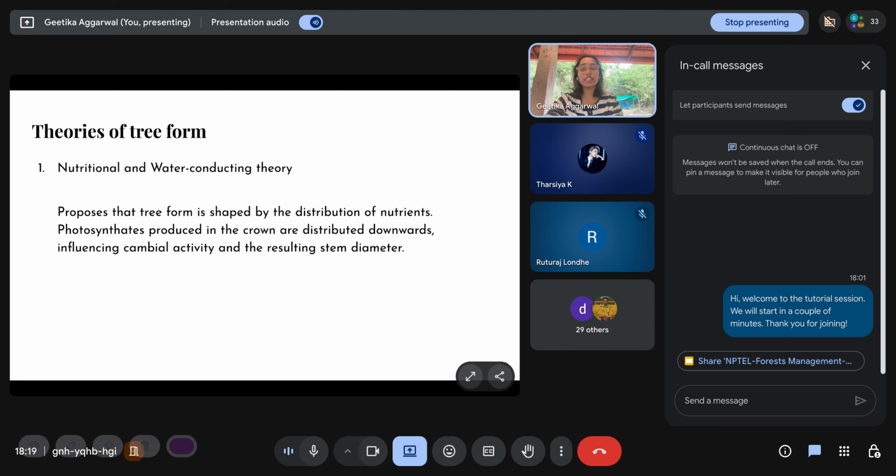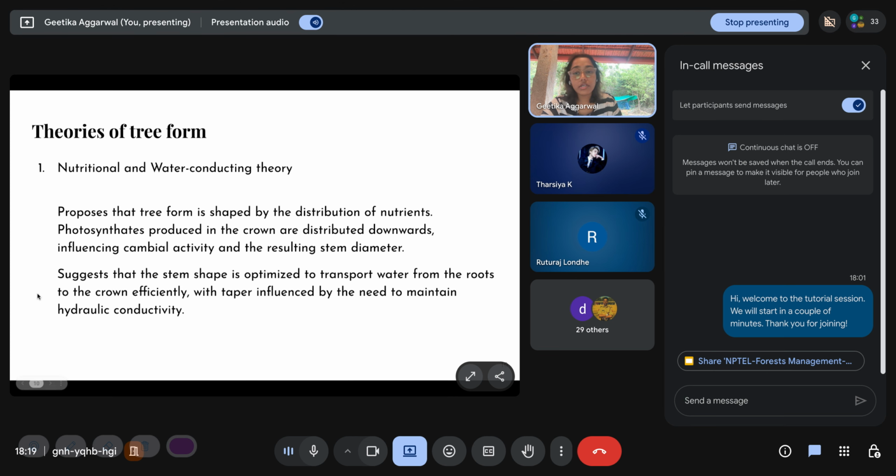So as photosynthates are produced in the crown, basically photosynthates are the substances produced during photosynthesis, they are distributed downwards through the tree stem, and they influence the cambial activity, which results in the stem diameter. So they will affect the activity in the cambium, which is basically one of the layers in the tree stem, and that will result in the stem diameter.